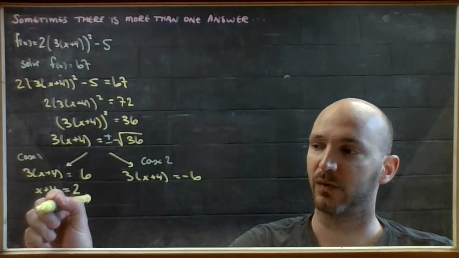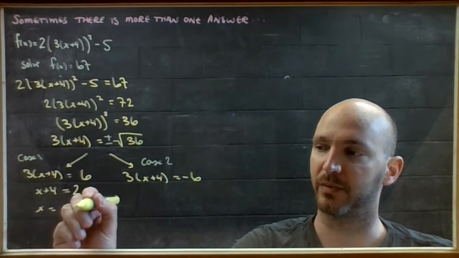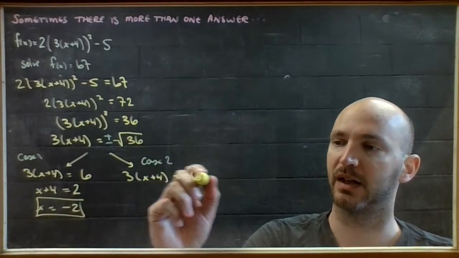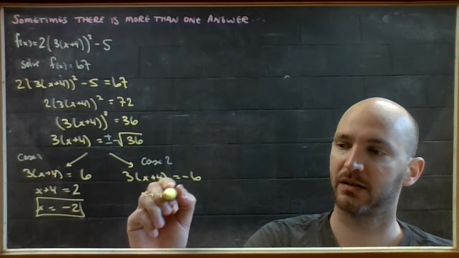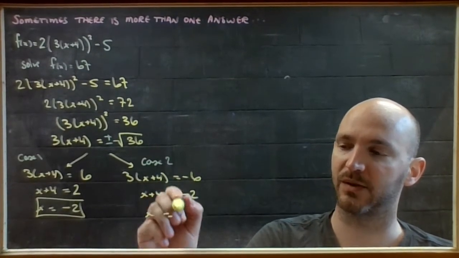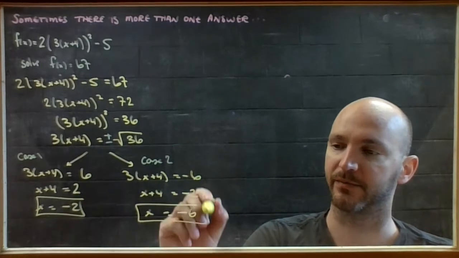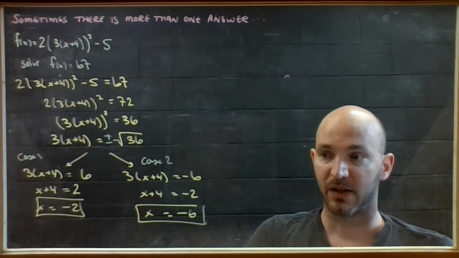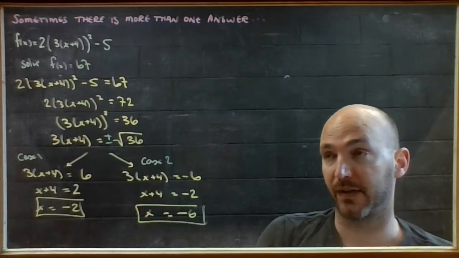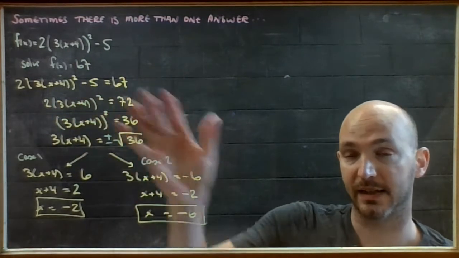Kick the 4 over. 2 minus 4 would be negative 2. That's the answer to case 1. Case 2, divide by 3, gives me negative 2. Kick that over. Negative 2 subtract 4 would be negative 6. So if you put either negative 2 or negative 6 in for the x value here, you will get 67 as your output.